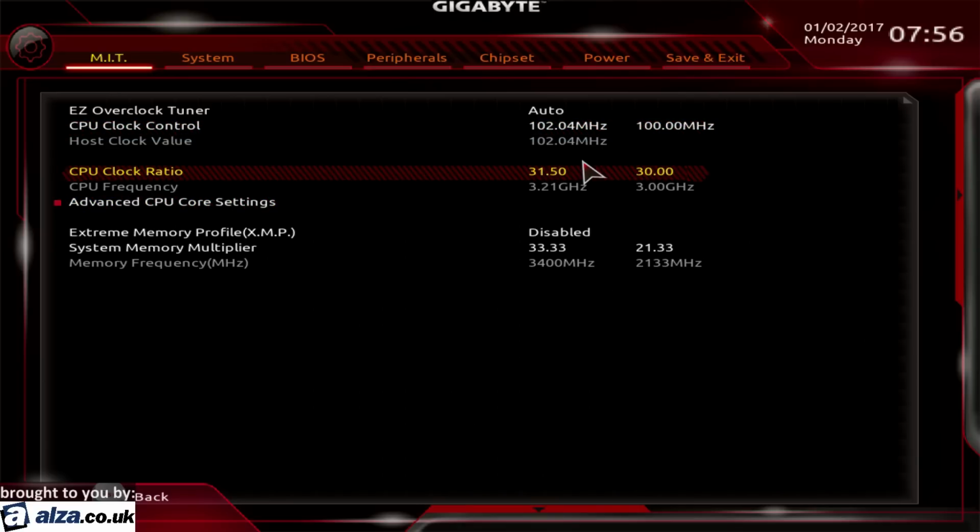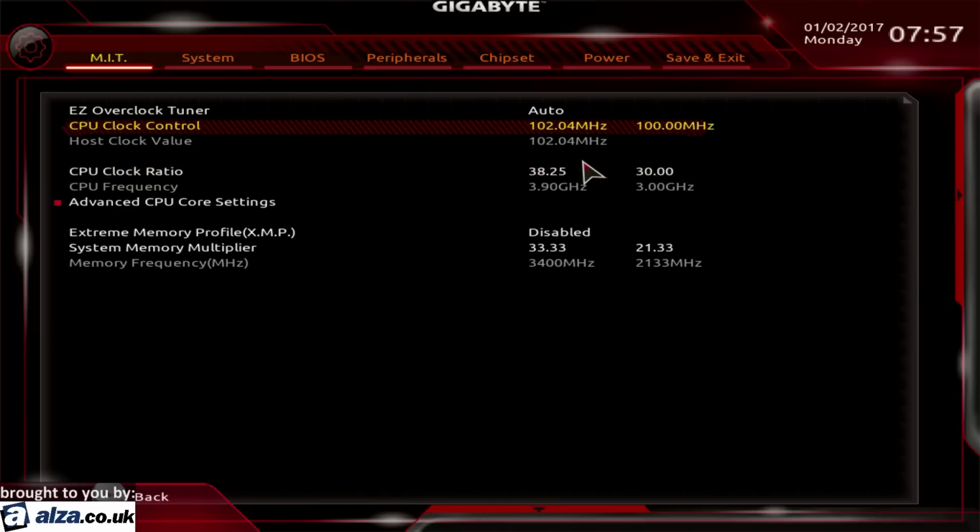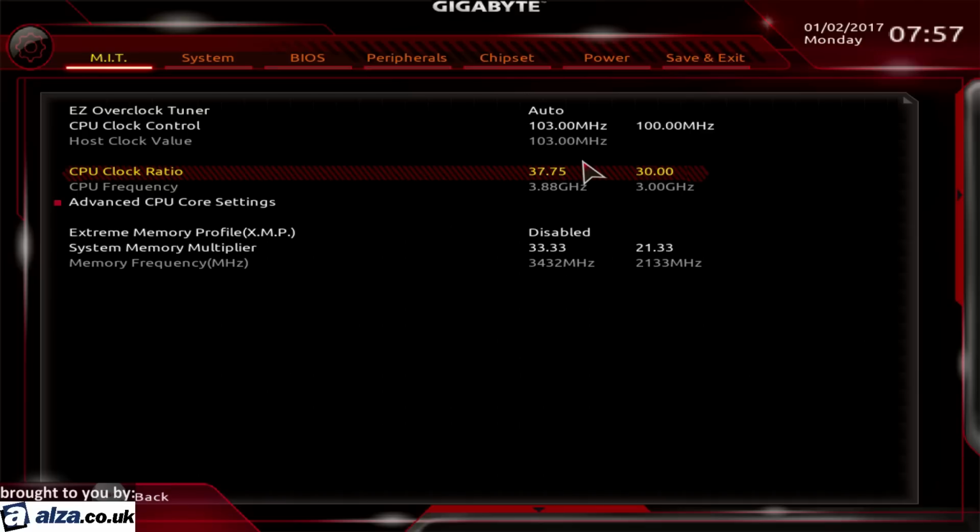And then if you just want to keep your CPU clock in line relative to the memory speed, so if before you had like a 3.9 gigahertz overclock, you can actually still hit it with that BCLK, but at 103, you might run into the issue of, that's too high, that's too low. So you can really fine-tune your settings using the CPU clock control here.